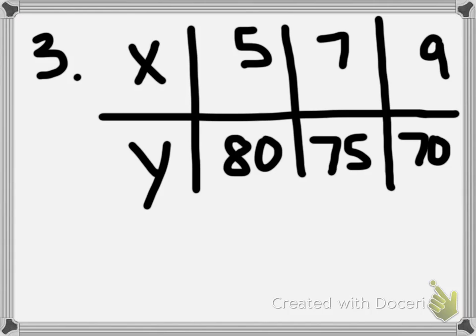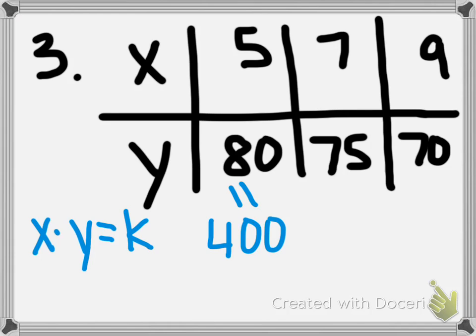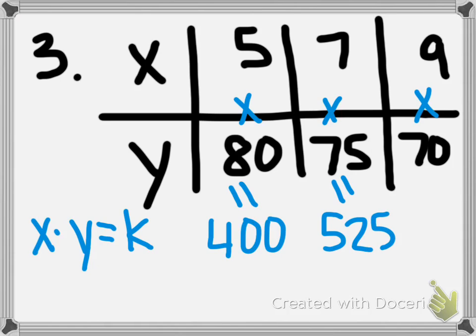So I'm going to multiply 5 times 80, which is 400. 7 times 75, which is 525. 9 times 70, which is 630. Uh-oh, none of these numbers match. So it's not inverse variation.